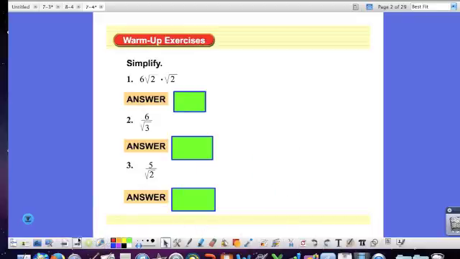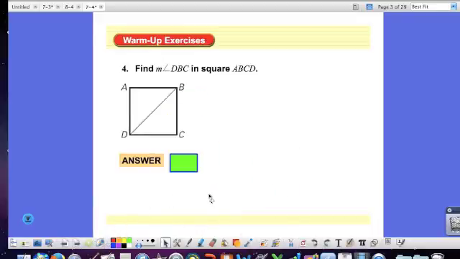And the last problem, I'm not sure. Obviously, you can make some sense here, but I'm not sure if we've actually learned the theorems yet to be able to do this. If this is a square, they want you to find angle DBC. Well, if this is a square, this is 90 degrees. So there's a theorem, but I think it actually comes up in chapter 8 when we talk about parallelograms.